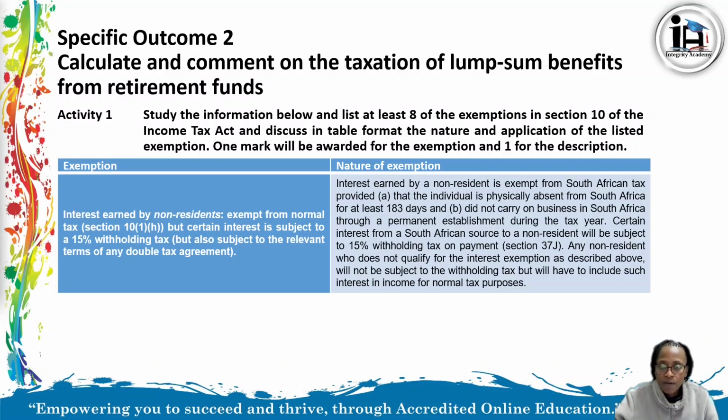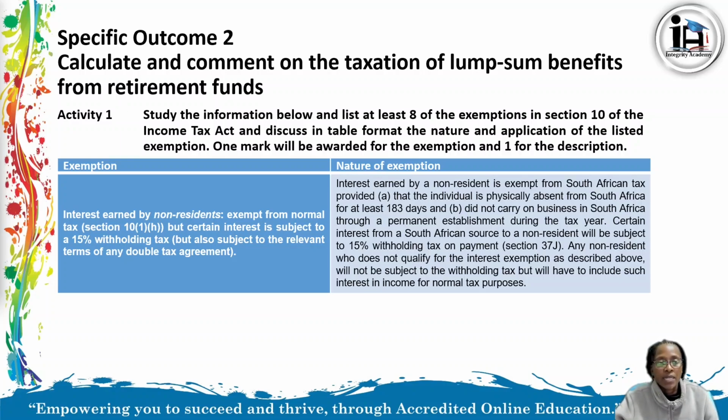Certain interest from a South African source paid to a non-resident will be subject to 15% withholding tax on payment, section 37J. Any non-resident who does not qualify for the interest exemption as described above will not be subject to withholding tax, but will have to include such interest in income for normal tax purposes.